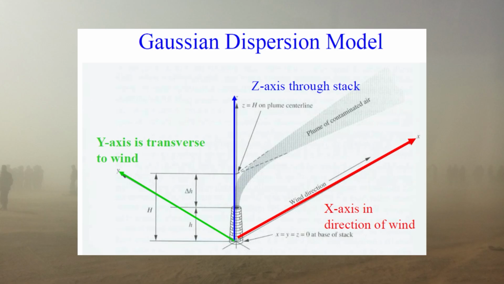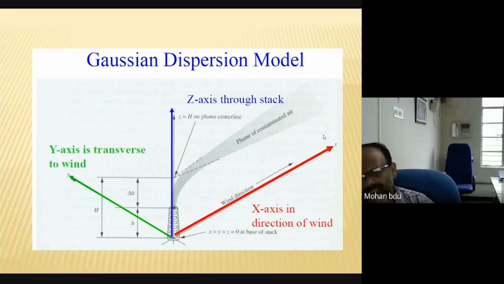So this is, as I told you, the Gaussian dispersion model. It was developed in the 1800s, and it has been updated and modified several times, and several people have modified it, and even now it is subject to modification, and recent versions are available based on the Gaussian plume model.